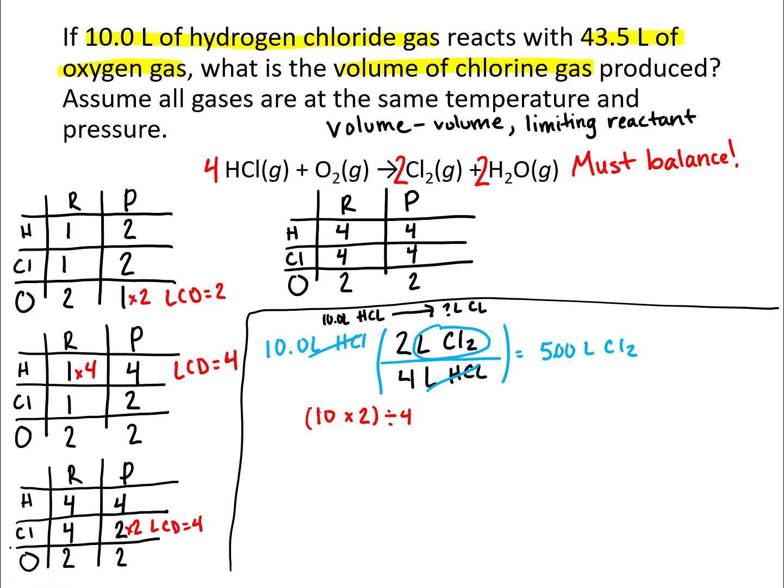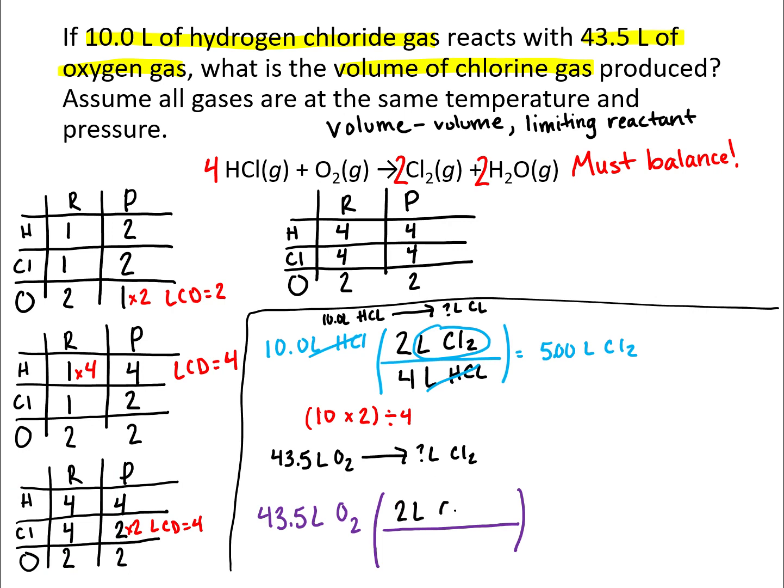The second problem that we have to do is if we had all this oxygen, 43.5 liters of it, how many liters of chlorine gas would we make? Again, we use the balanced equation. We put the chlorine in the top and the oxygen in the bottom.